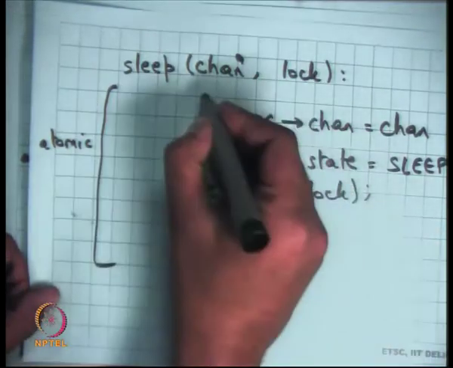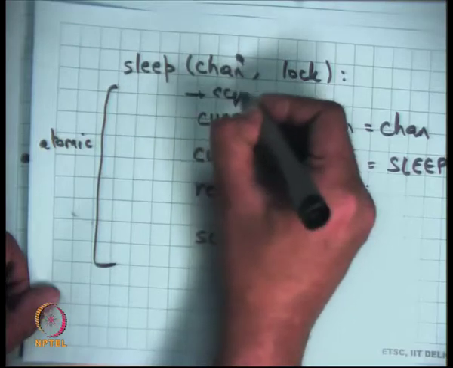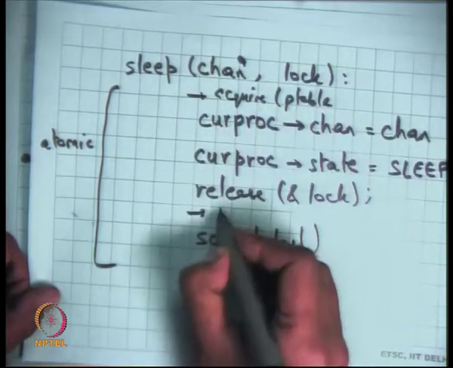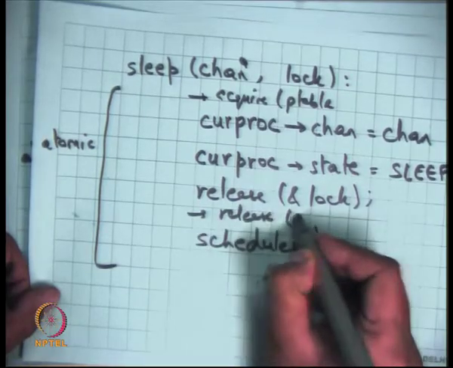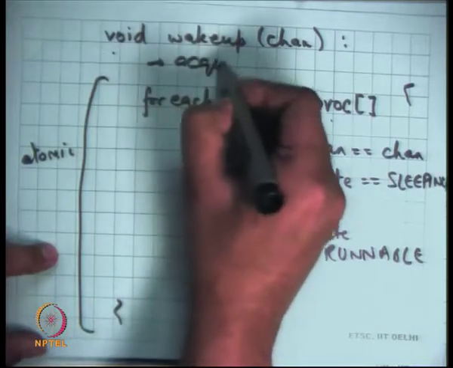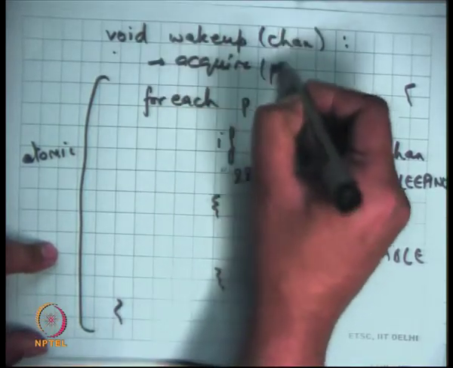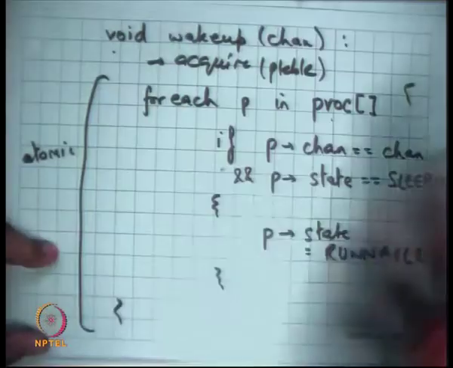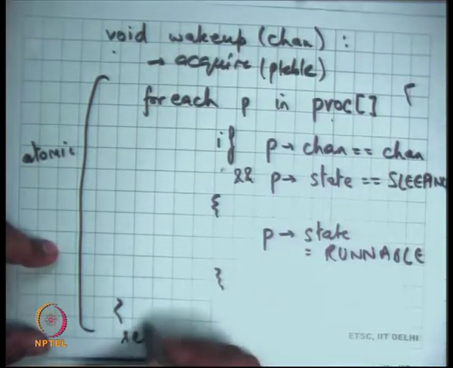So let us say acquire ptable, release ptable, acquire ptable. When I say acquire ptable, I am really saying acquire ptable.lock, and then release ptable.